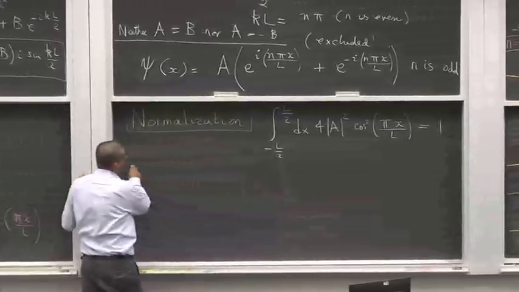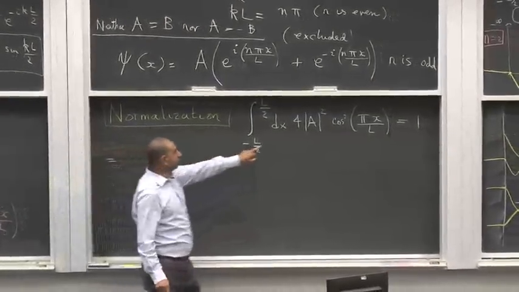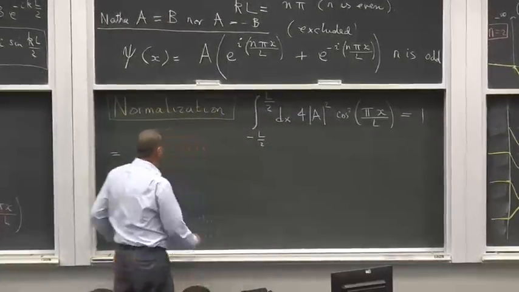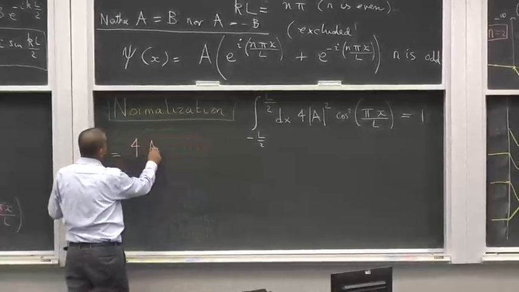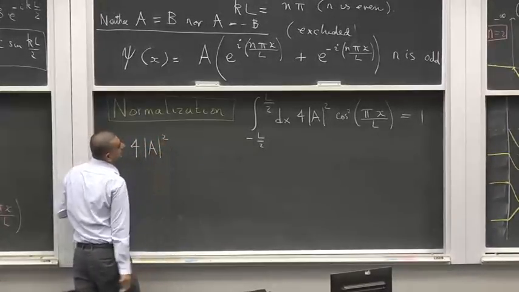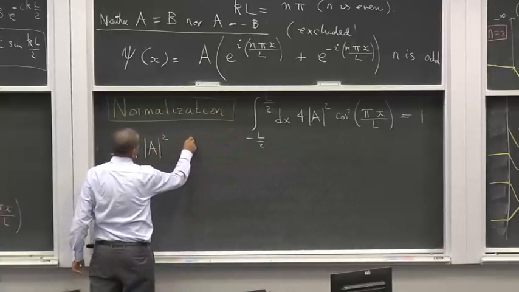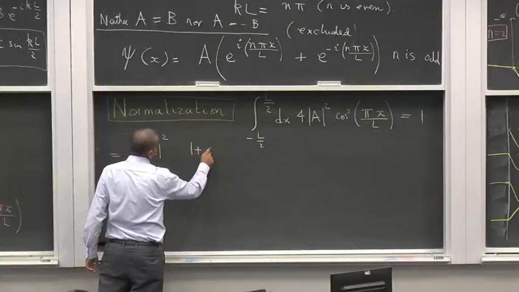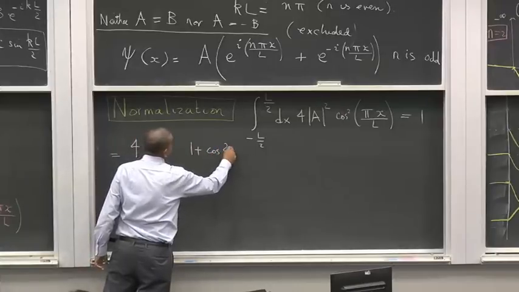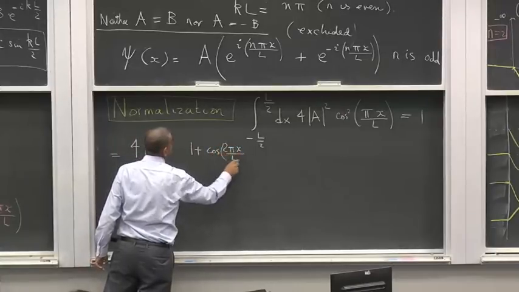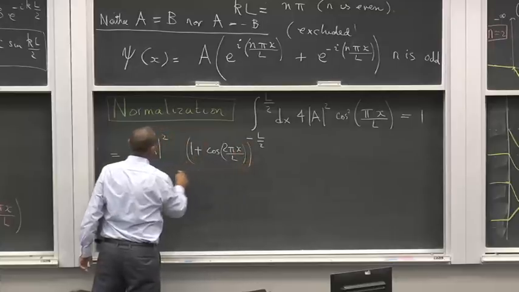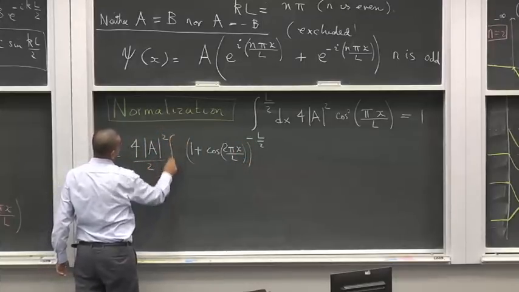So if I solve this integral, 4 is a constant, this is of course a constant, 4 A modulus squared. Cosine squared of pi x over L is (1 plus cosine of 2 pi x over L) over 2.